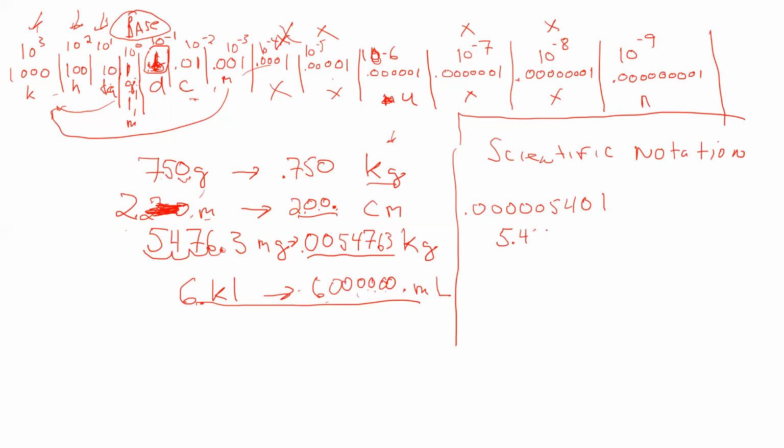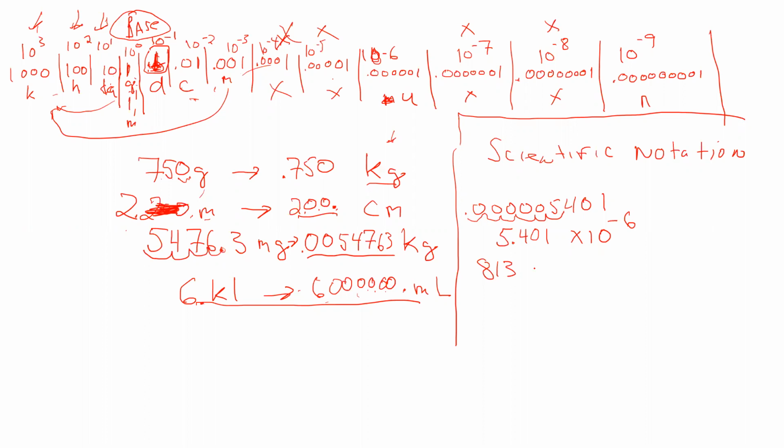It's going to be times 10 to a minus number because it's a small number. Look where the decimal point is, and how many times did we move that decimal place? 1, 2, 3, 4, 5, 6. So it's going to be 10 to the minus 6. Make sense?